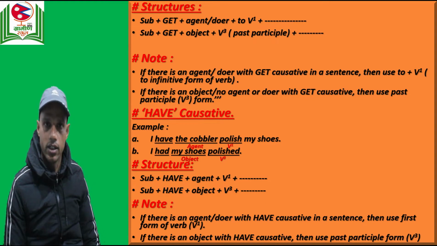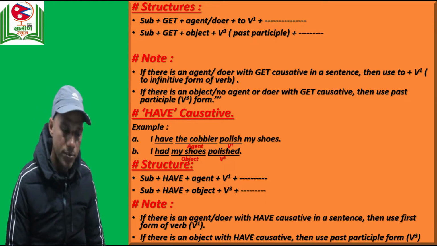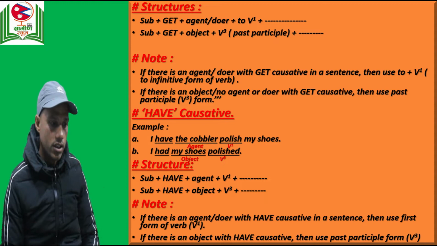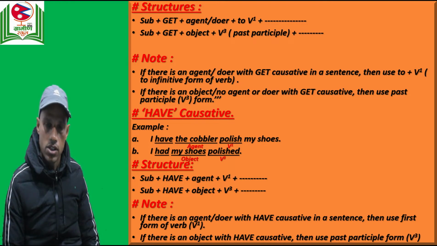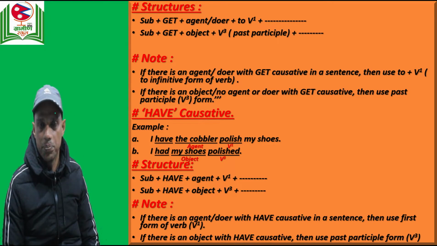Now let's notice the difference between these two sentences. Notice whether there is an agent or object after the causative verb have. In the first example, we have an agent: I have the cobbler. The cobbler is an agent, so we have chosen only verb 1 form or bare infinitive form of verb after this.